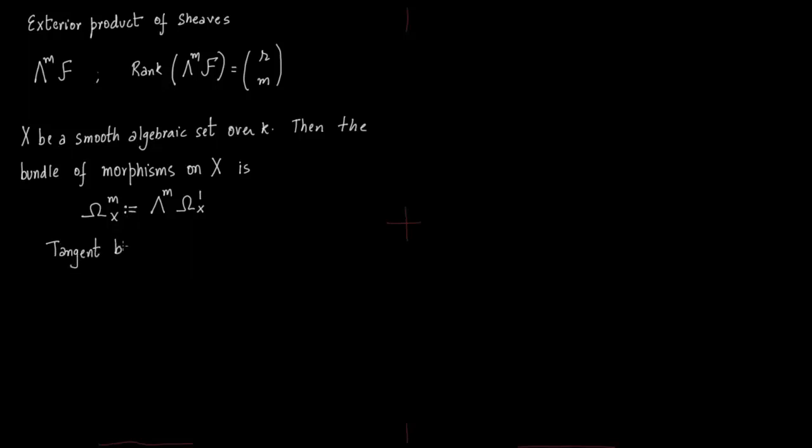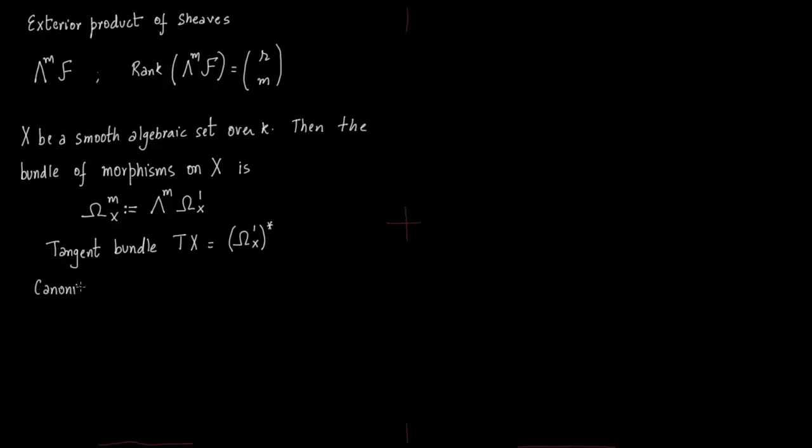And we already know that the tangent bundle is the dual of this omega 1 bundle. This we talked about on the previous slide. We talked about co-kernel and kernel maps being dual of each other.